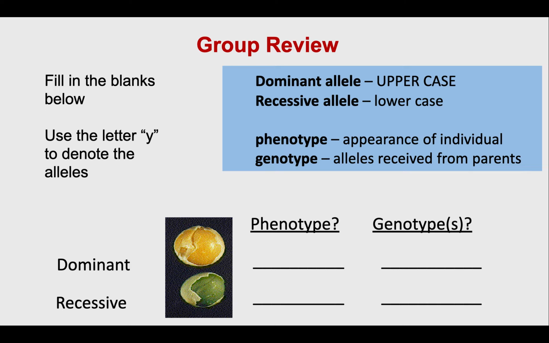Yeah, so that could be one, totally. Big Y, little y. We have the dominant big Y that's going to say that we are going to see the yellow. What's another version? Big Y, big Y. Remember we have two alleles, and if both of those alleles happen to be dominant, we're also going to see that dominant phenotype.